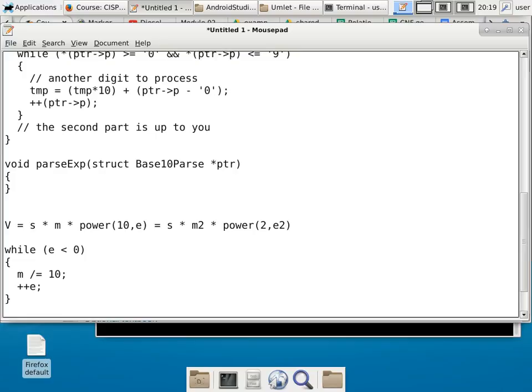But does it make sense to you? Okay, we're dealing with base 2 numbers, right? How do you know R is at least 2 to the power of p minus 1?